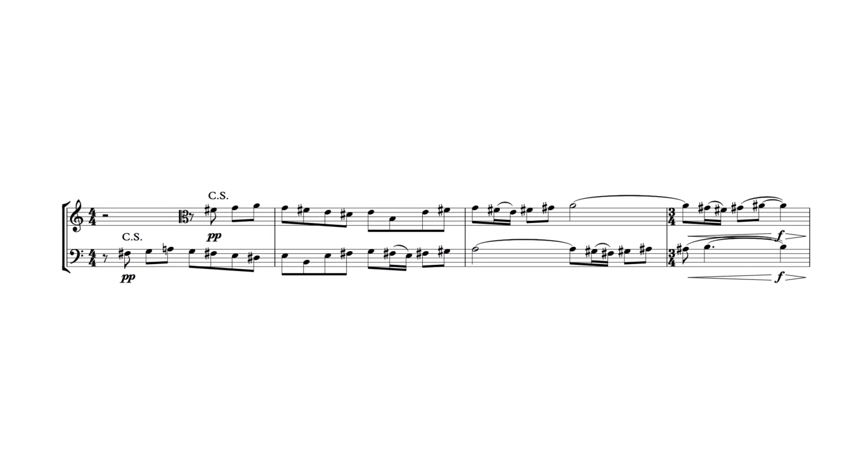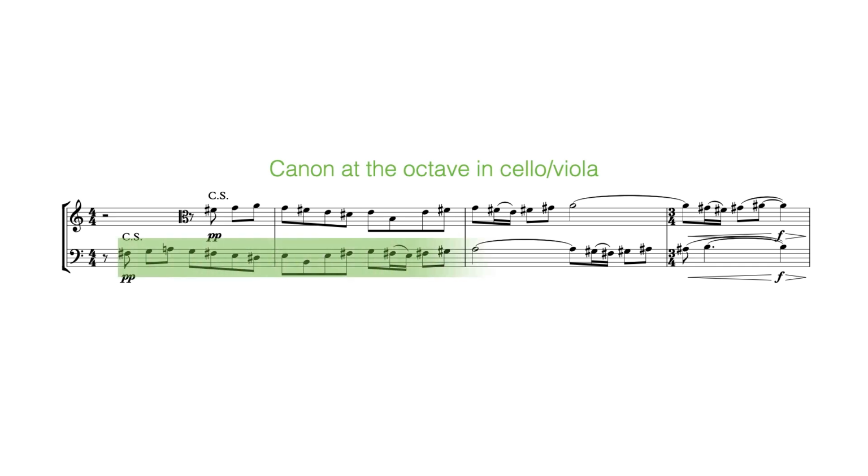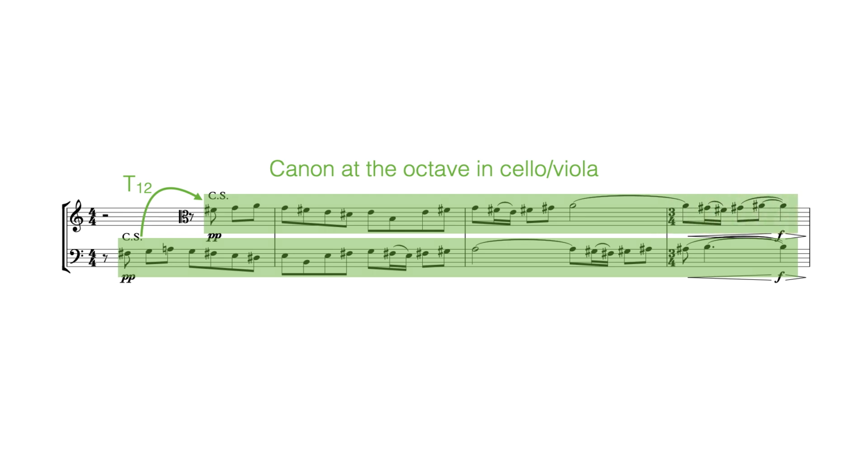In a Bach-like gesture, but without much concern for the resulting counterpoint, the viola imitates the cello in canon at the octave. This duet is full of dissonances that violate the norms of tonal counterpoint.